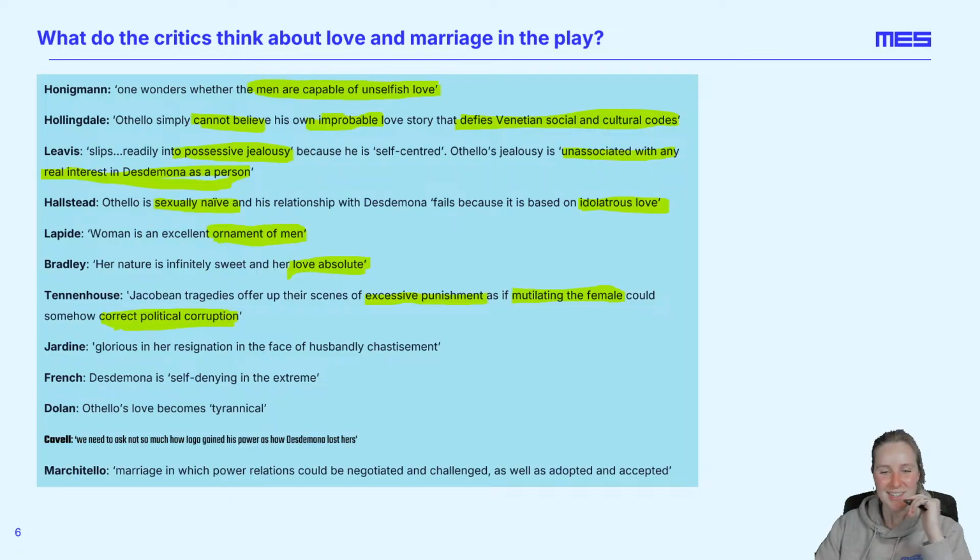Jardine says that Desdemona is glorious in her resignation in the face of husbandly chastisement. So though she's being accused of adultery, though she's being called a whore and a strumpet and a bawd and all these ideas, though she's spurned by her husband, though she's murdered by her husband, the whole time she's resigned to the fact that she deserves that, and as a matter of fact says it's meet, like it's fair that he should chastise me.